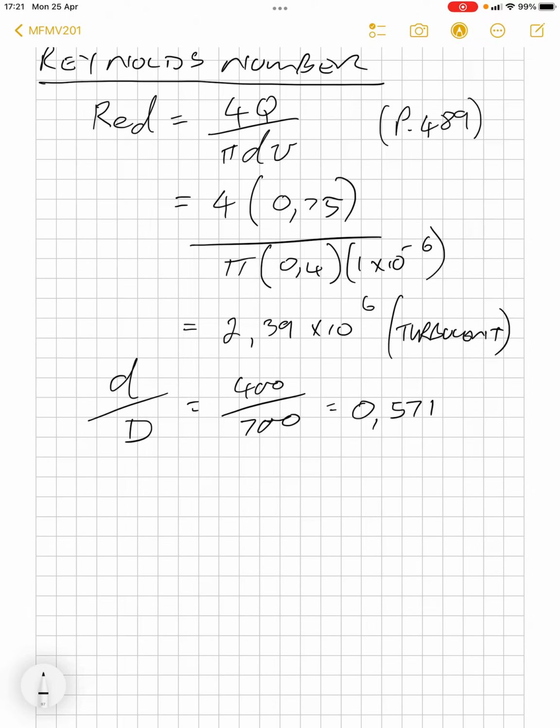Then using figure 13.15 gives us a K value of 1.05 flow coefficient.